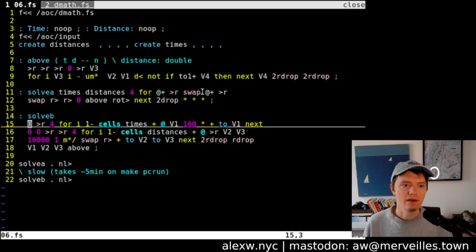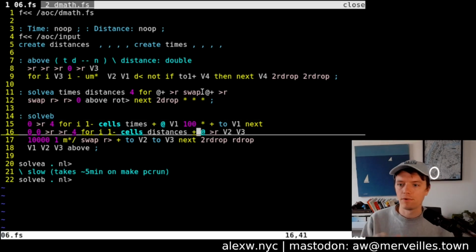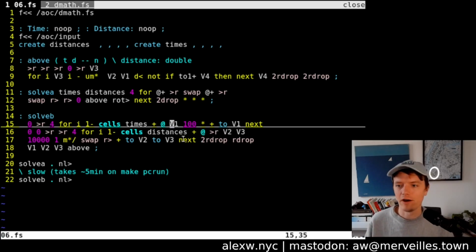Essentially, we parse the input so we have all of the numbers in each cell, and we're supposed to combine them all together into a single number. I iterate over each of the cells, multiply by 100, and add. So it's first number multiplied by 100, second number multiplied by 100, third number multiplied by 100, add them together, and then you have your values for the time and the distance.